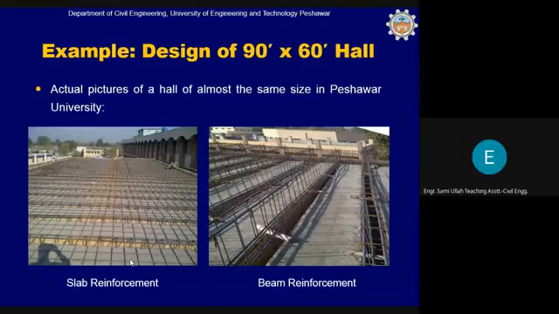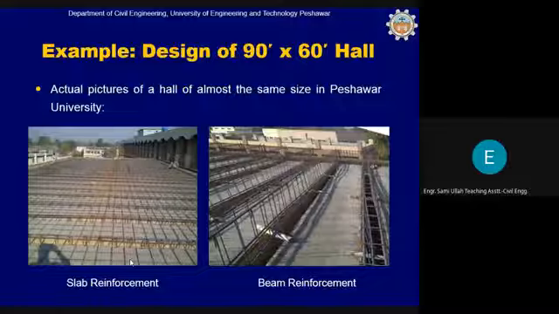If you reduce spacing between the beams, it will have either no or very marginal effect on the slab thickness.